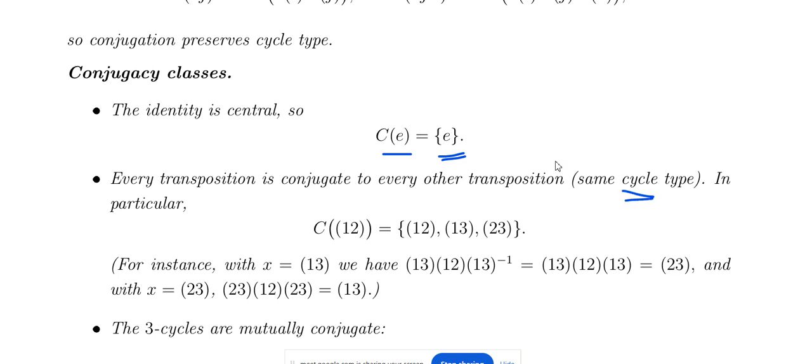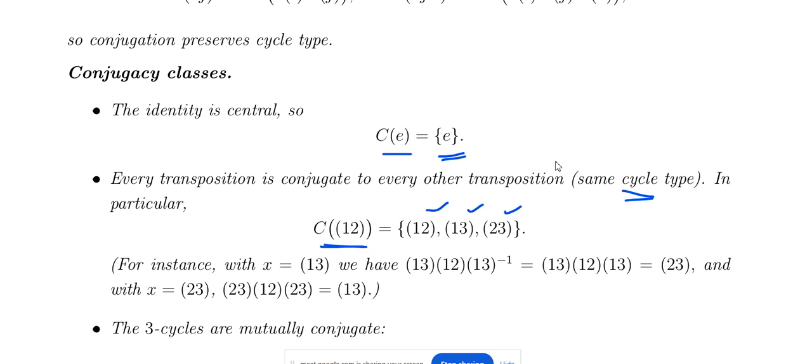Okay, we need to find C of (1 2). C of (1 2) is nothing but, you should remember, easily: (1 2), (1 3) and (2 3). And x equal to (1 3), that means x (1 2) x inverse. (1 3) inverse means (3 1) obviously.